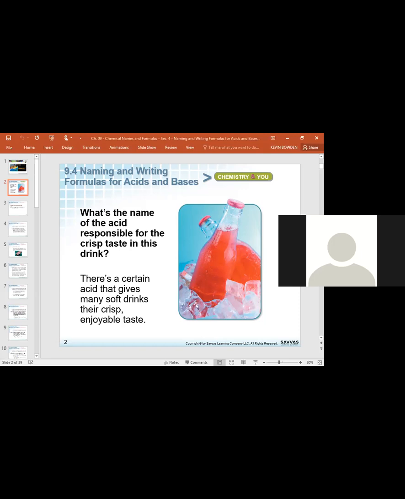And so we have acids in soda. It says that there's a certain acid, but actually there are several acids in soda. And you can see that quite easily if you just look at a can of soda. And I'll grab one myself.